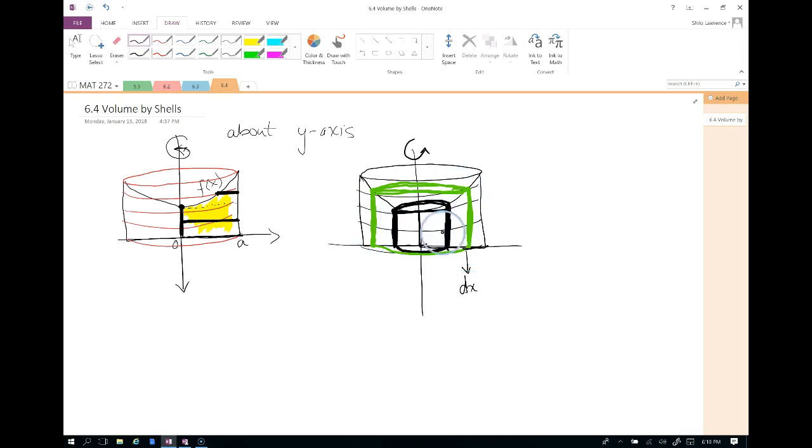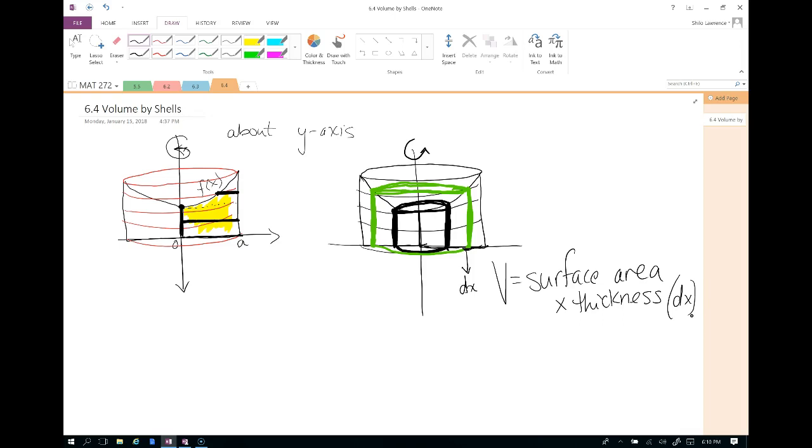If we take the surface area and then multiply it by the thickness, it will give us a volume. The thickness is dx. So the formula for volume using shells looks a lot more like a surface area formula for a cylinder.